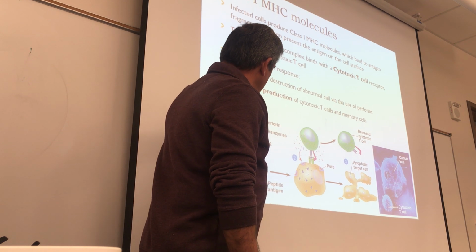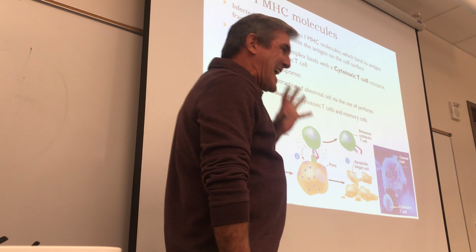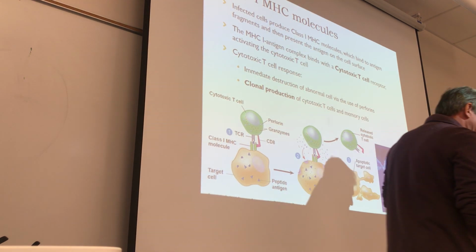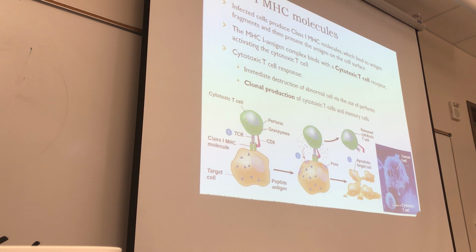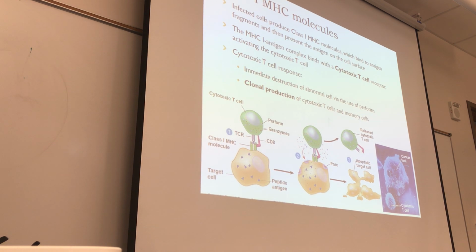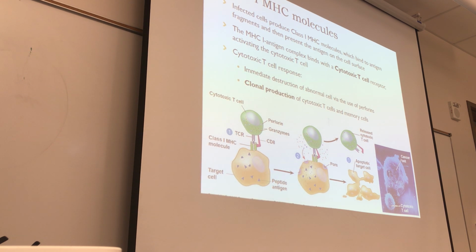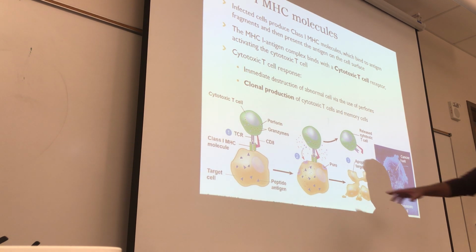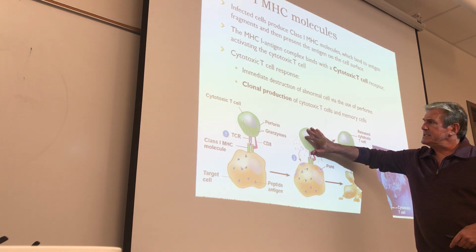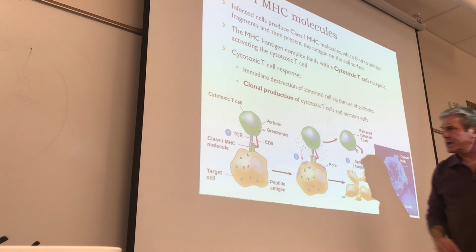They combine with the class 1 MHC, and that activates the T cell. Again, the whole purpose of this is checks and balances, making sure this T cell isn't destroying a good cell. So it needs to see that antigen present. Once they bind, and this T cell recognizes this as an infected cell, it's going to destroy it.